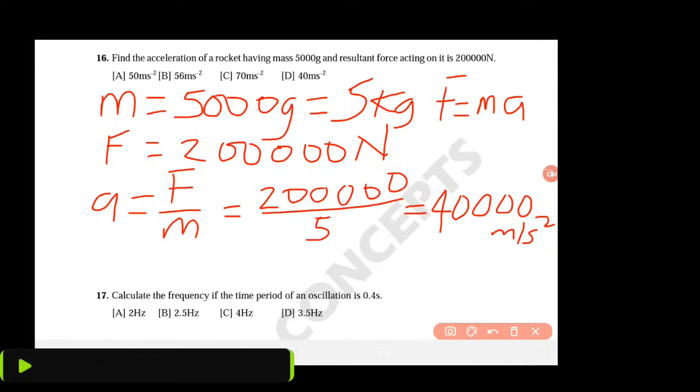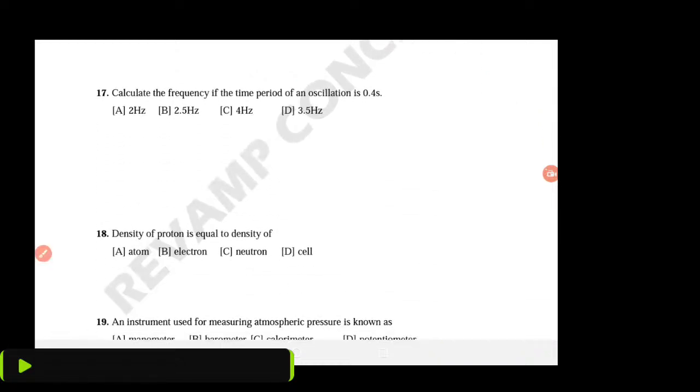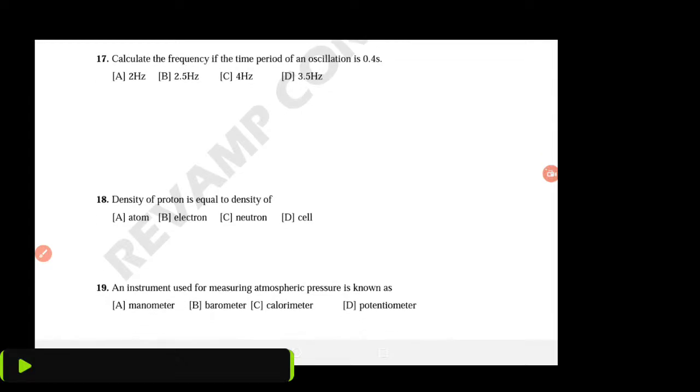For question number 17, we have to calculate the frequency if the time period of an oscillation is 0.4. So we quickly need to show the relationship between the period and the frequency. Remember that frequency is equal to 1 over period, that is the inverse of the period.